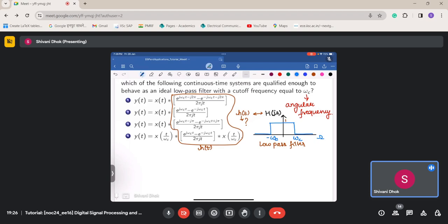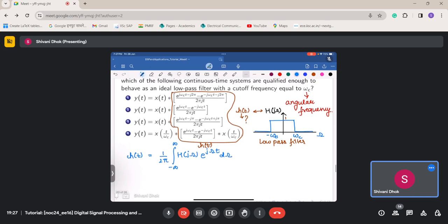If I have h of j omega, how do I get h of t from it? h of t is equal to 1 upon 2 pi, integral over omega from minus infinity to infinity, h of j omega into e power j omega t d omega.